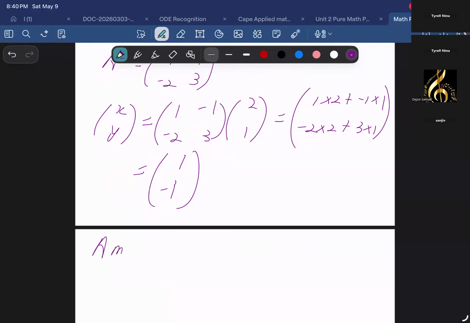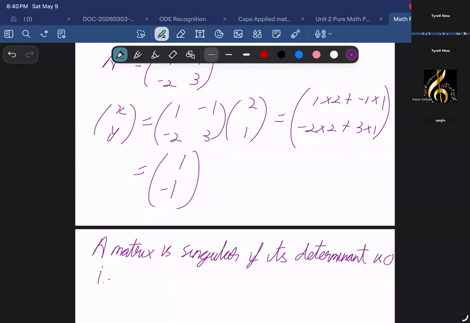A matrix is singular if its determinant is 0, i.e., determinant of A equal to 0.